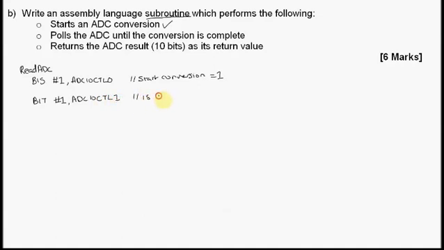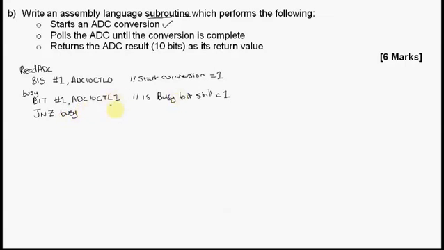And we're basically saying is busy bit still equal to 1. We'll create a label here that we can jump to, and we need to say jump not 0, so if it's still equal to 1, to busy.